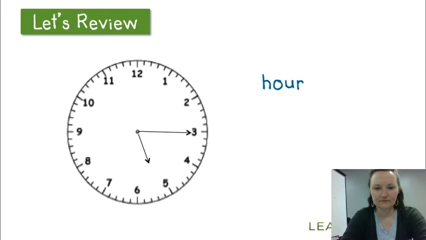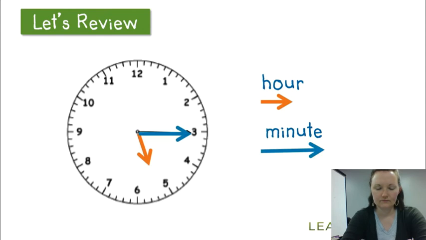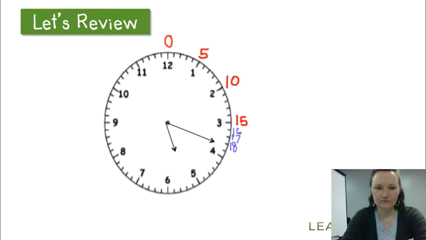You already know that a clock has an hour hand and a minute hand. And you already know that the hour hand is the short hand and the minute hand is the long hand. You also know a counting strategy of counting by fives and then ones to find the minutes on a clock, that this clock shows 5:18.